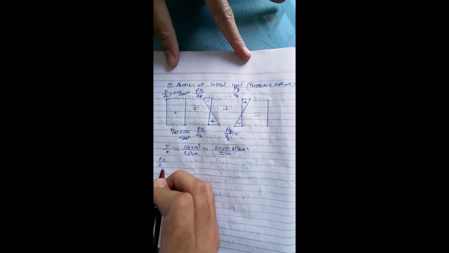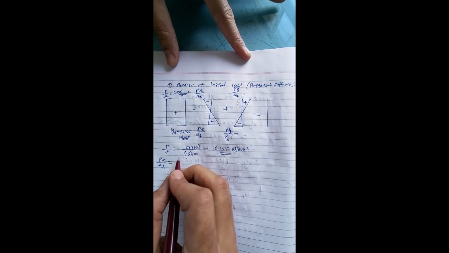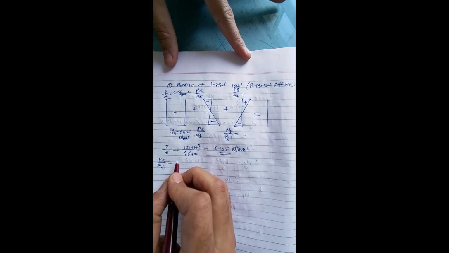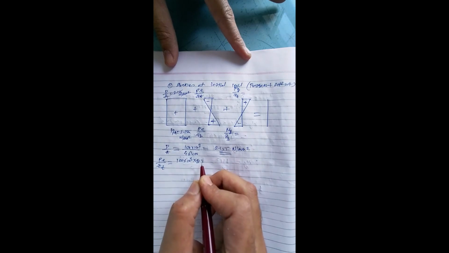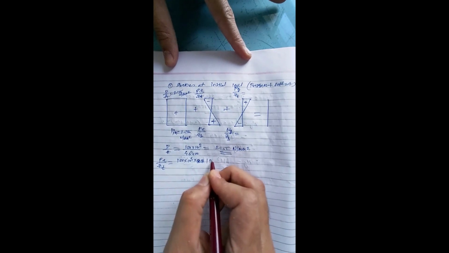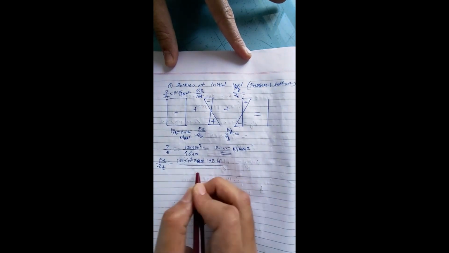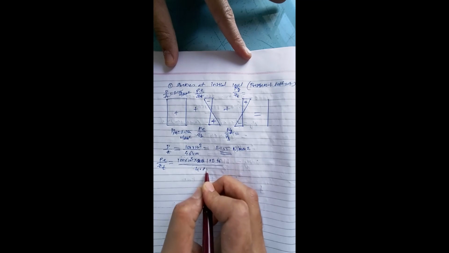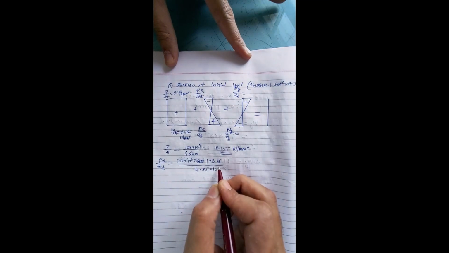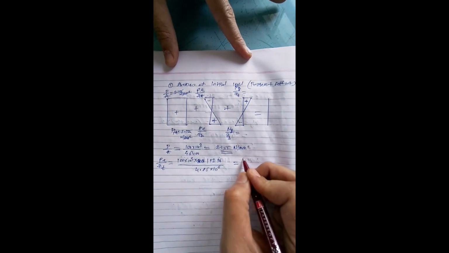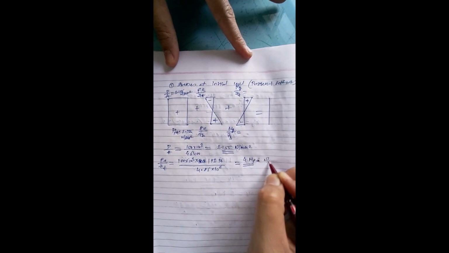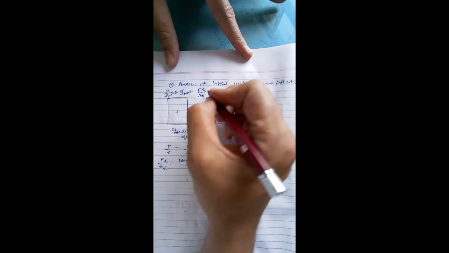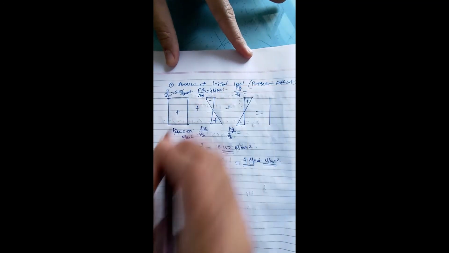P into E by Zt: P is 100, E is 193.96 mm, and Zt is 4.85 into 10 raised to 6. Hence P into E by Zt, the resultant stress, will be 4 MPa or 4 Newton per mm square.